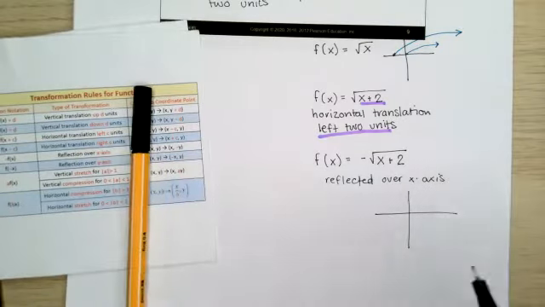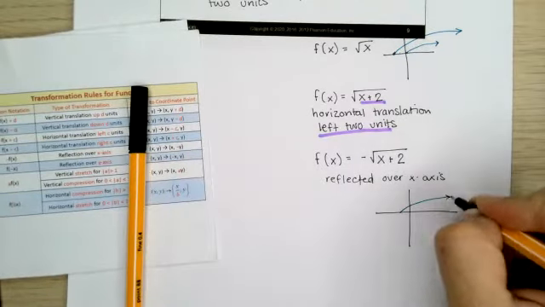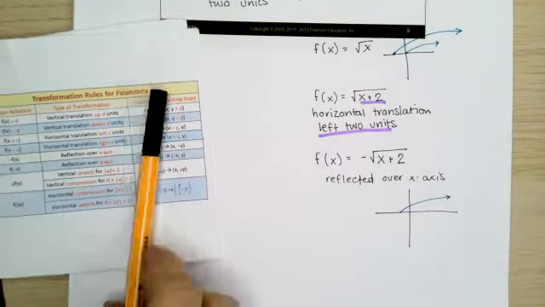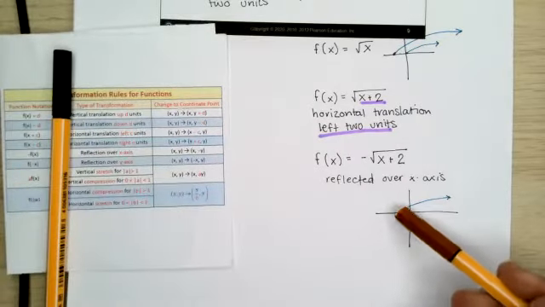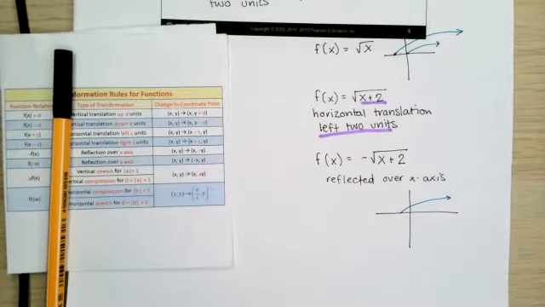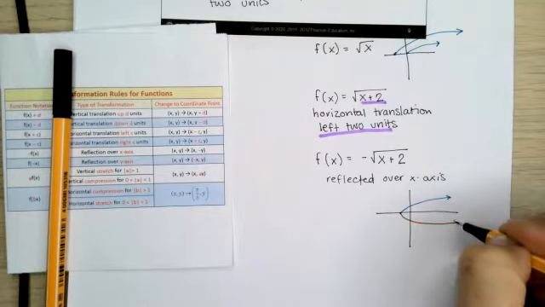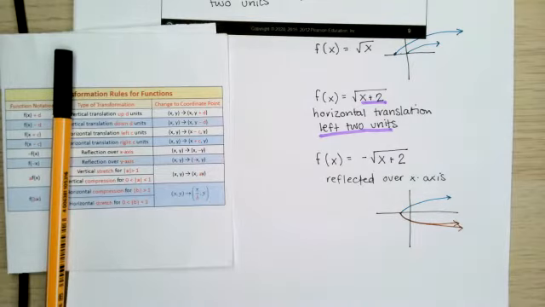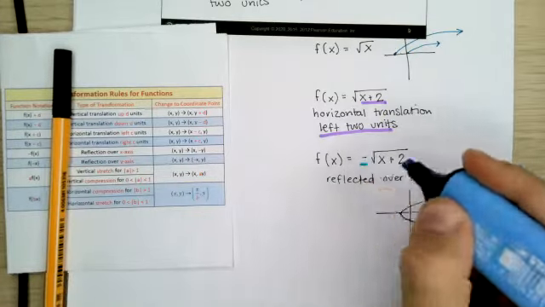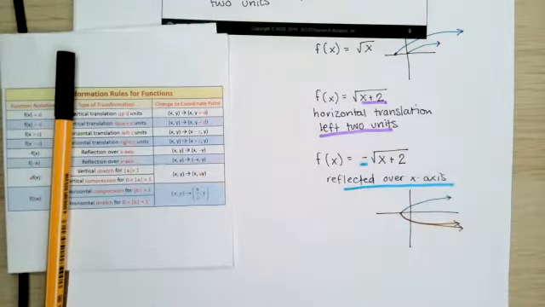So what we had was we had it shifted over here. Now we're going to reflect it over the x-axis. So that means all of my y's become their opposite. That always ends up going down. So there it is reflected over the x-axis, because of that negative sign.